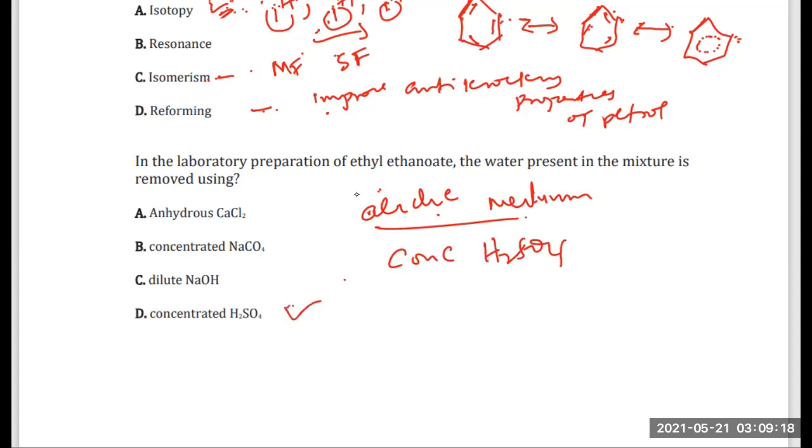But another idea I can add there is that anhydrous calcium chloride, most often, we use it to dry solid substances that may contain water. But this is a liquid, and the reaction is happening in acidic medium, and the acid being used is conc H2SO4.